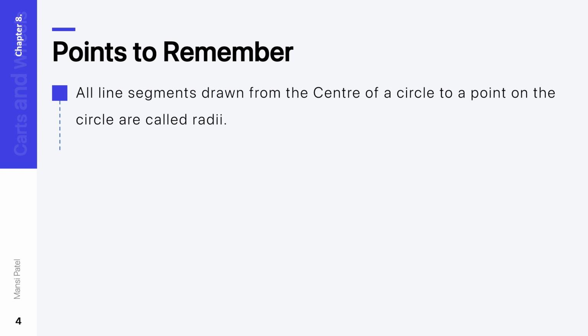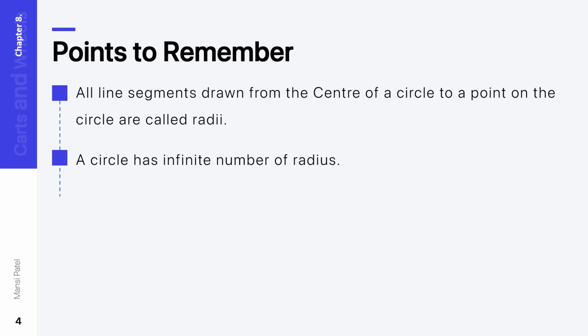But that point should be only one point. So if we want to draw the radius, we have to start from the center to a point on the circle. And that line is known as the radius. If there are two radius, then we say it is radii.